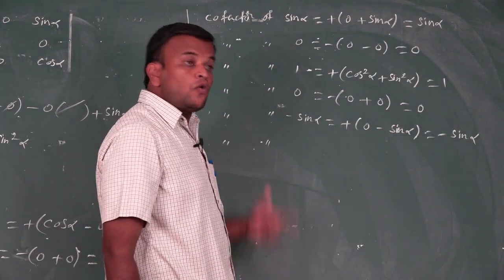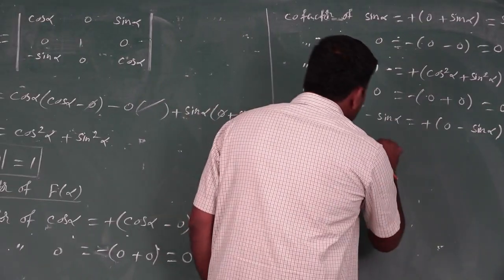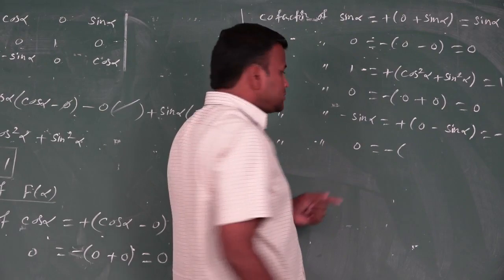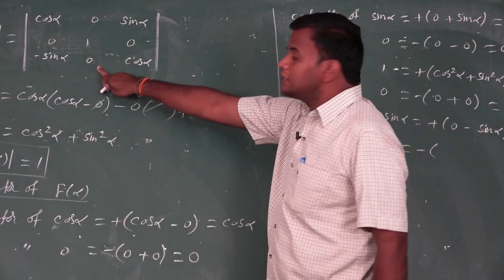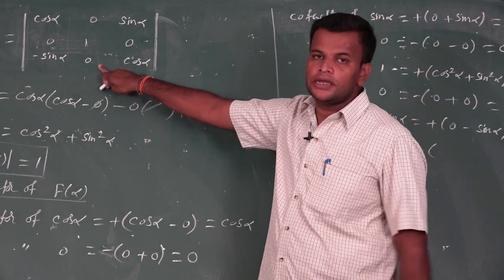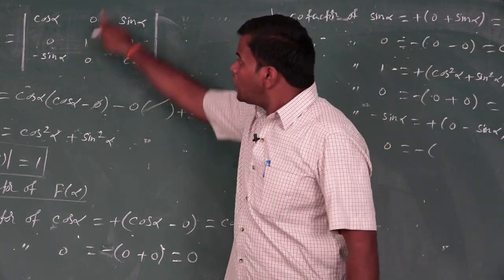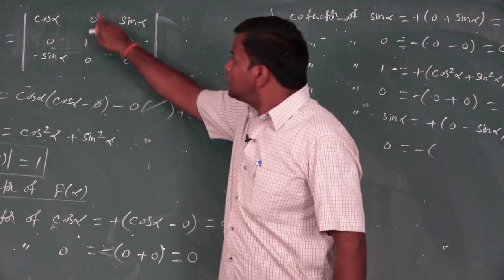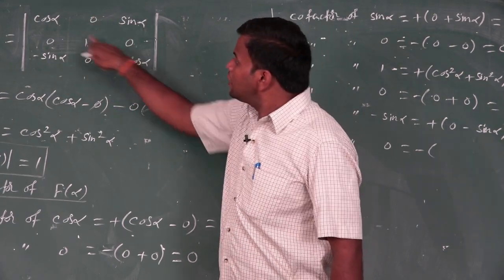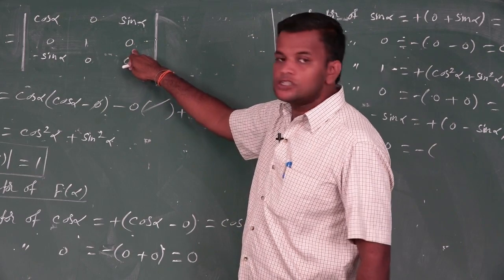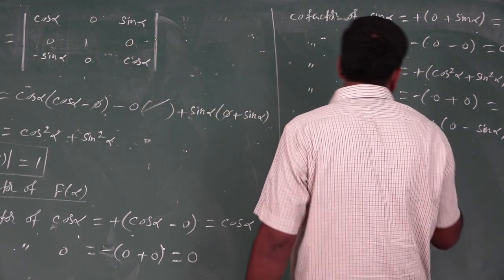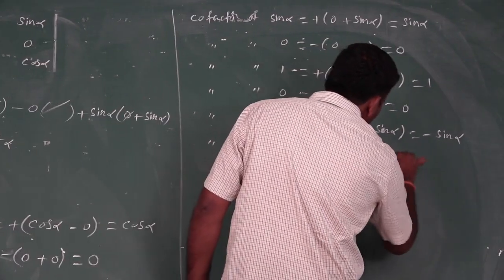Next one, cofactor of 0, whose symbol is minus. We leave the number 0 occurring row and column. It occurs in the third row and second column. We leave this column and this row. You see the remaining product. Cos alpha into 0 is 0. 0 into sin alpha is again 0. So 0 minus 0 is 0.